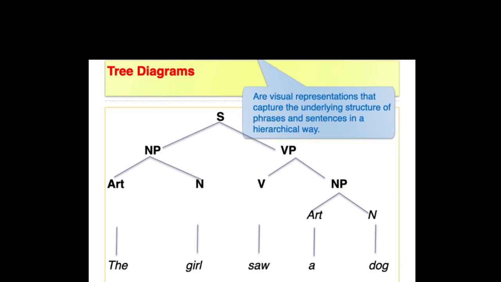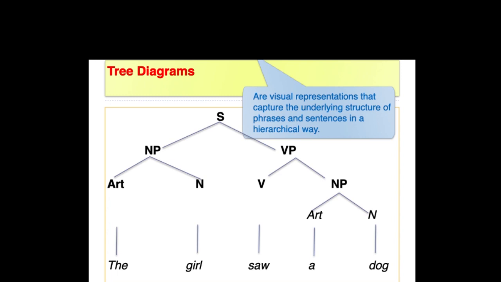For example, we have here the sentence: the girl saw a dog. All these constituents are included under the heading of the sentence.